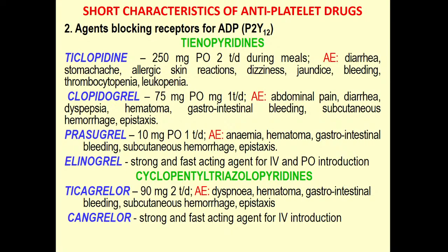Cyclopentyl triazolopyridines include ticagrelor and cangrelor. Ticagrelor is used 90 milligrams 2 times daily. Possible side effects: hematoma, gastrointestinal bleeding, subcutaneous hemorrhage, sometimes dyspnea.